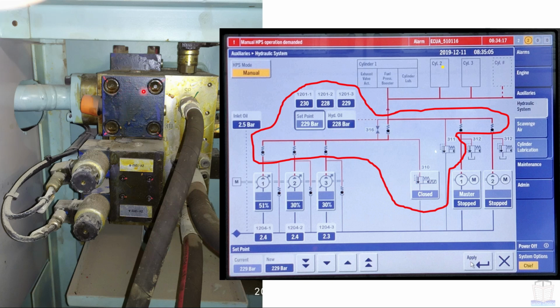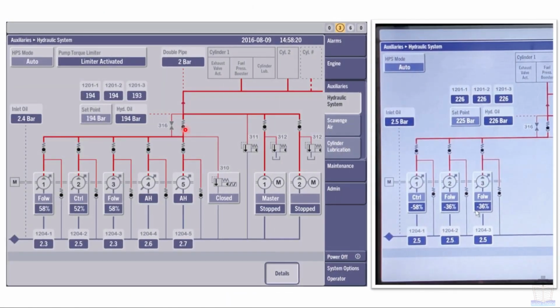This valve is 311 and this one is 310. Pressure transmitters are installed over here. In ahead direction, this percentage will be shown in positive, and in astern direction this percentage will be shown in negative.